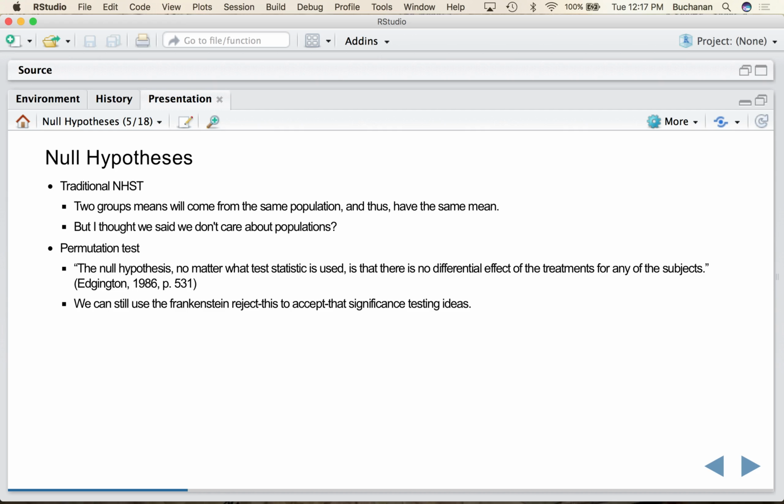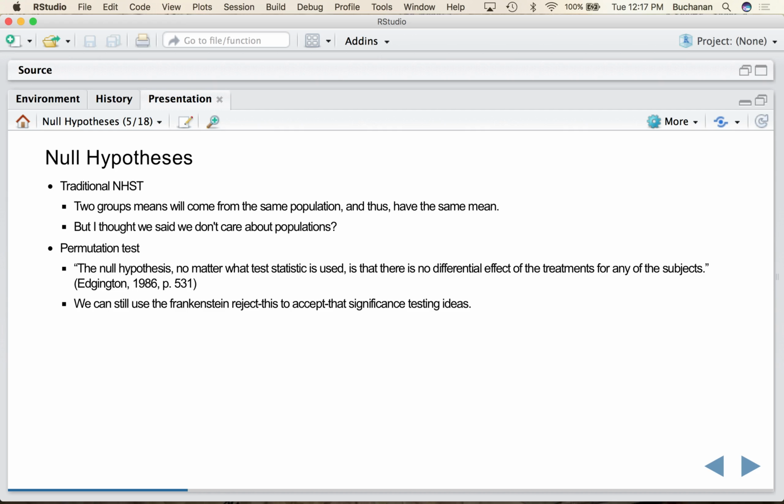Instead, and I took this quote from Hal's website, which he took from Edgington's book, so I've tried to cite it from the original source, and it's really nice, and it's about no matter what test statistic you're using, if you're using F, using T, whatever you're using, there's no differential effect for treatments for any of the subjects. So it doesn't matter if the subject is in treatment 1 or treatment 2, there's no differential effect depending on which treatment they're in.